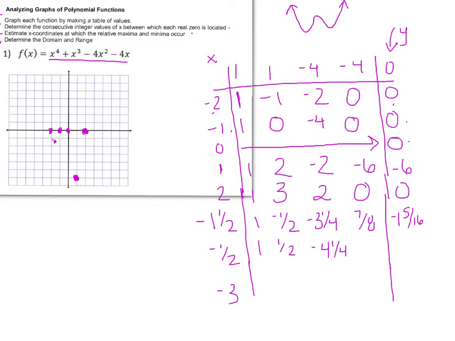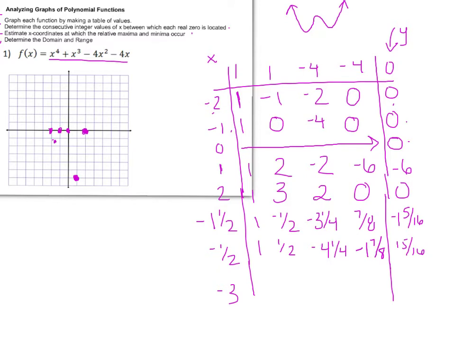So we have negative 4 1/4 times negative 1/2, and that gives us positive 2 1/8. So negative 4 plus 2 1/8 gives us negative 1 7/8. Then we take negative 1 7/8 times negative 1/2. That gives us a positive 15/16. Plus 0 then gives us a positive 15/16, which is pretty darn close to 1.